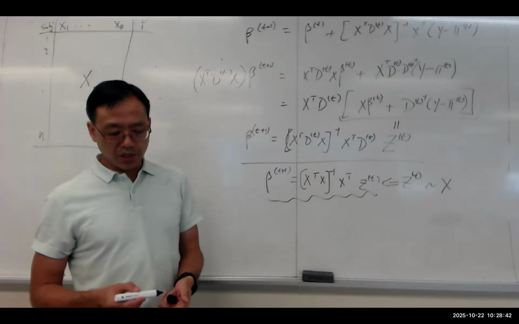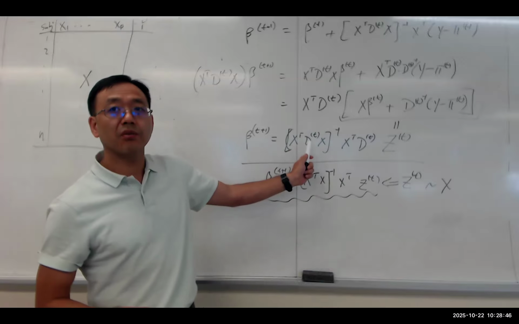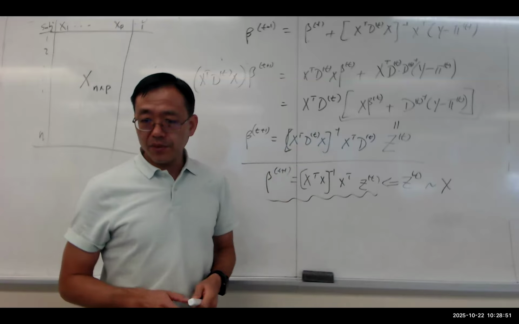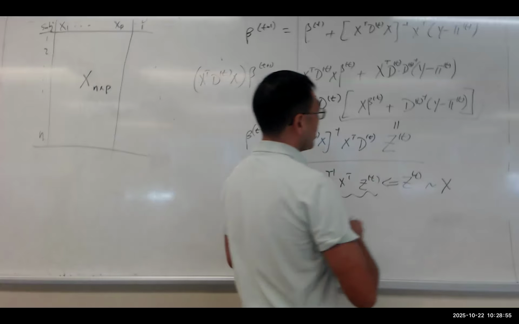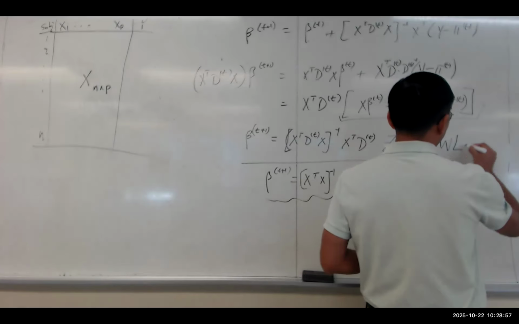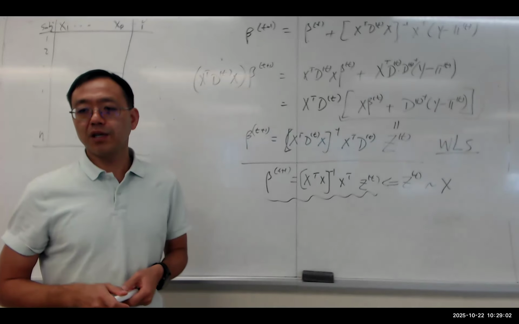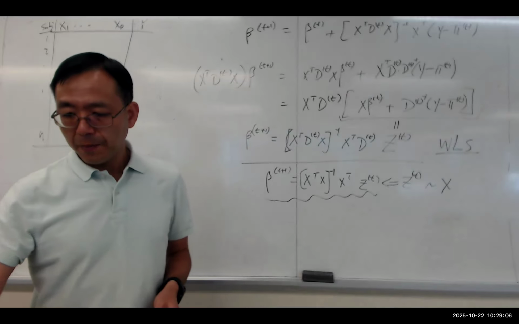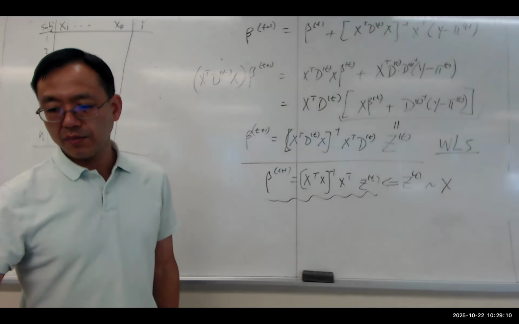The weight is essentially just Dt. So the solution above is a WLS, a weighted least square solution for the linear regression, with the weight applied to each observation.